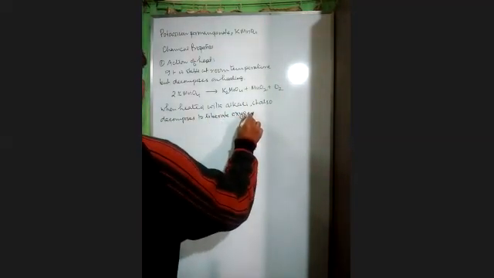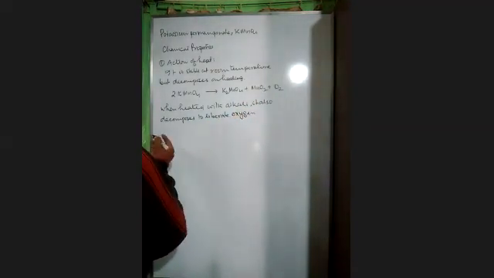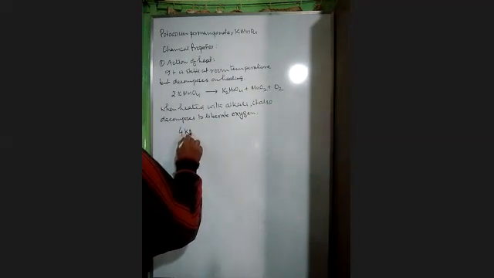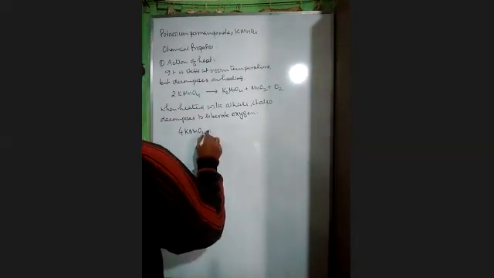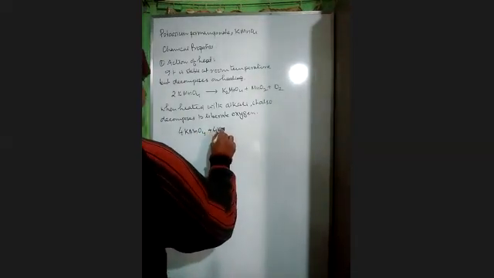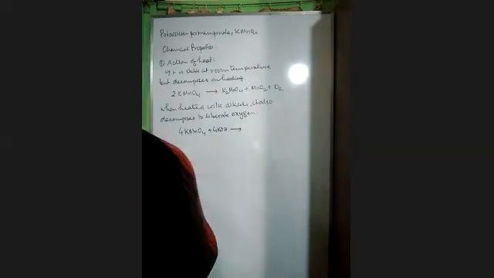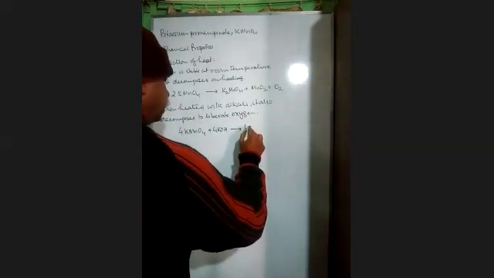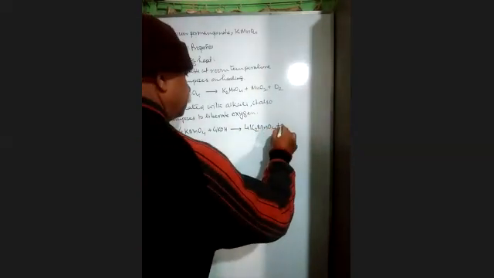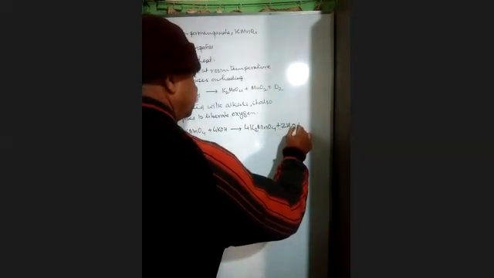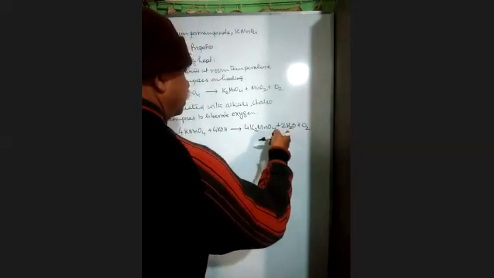This is not there. Okay. So it is 4 KMnO4 plus 4 KOH. It will give you 4 K2MnO4 plus 2H2O plus O2. See here, you don't get manganese dioxide.